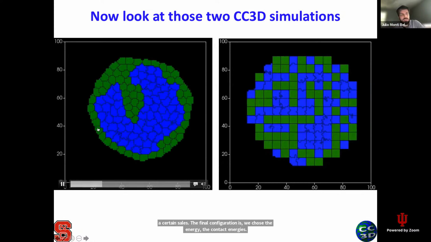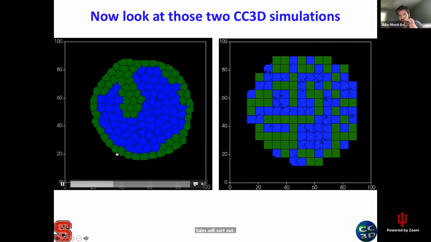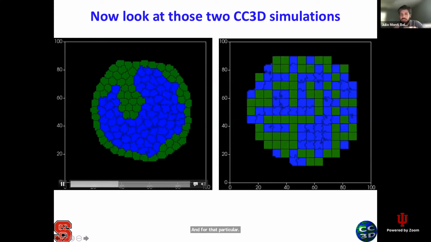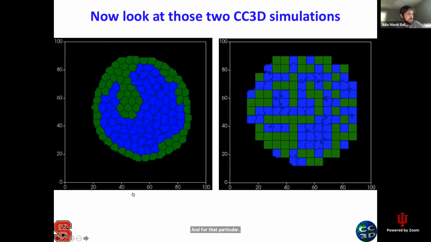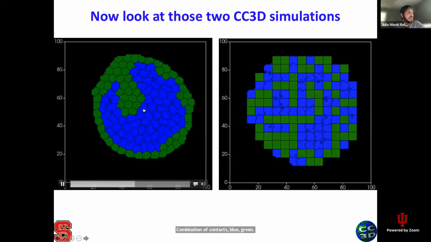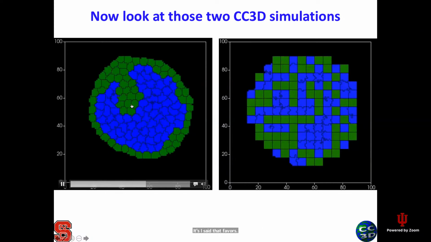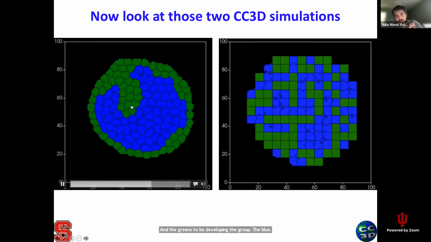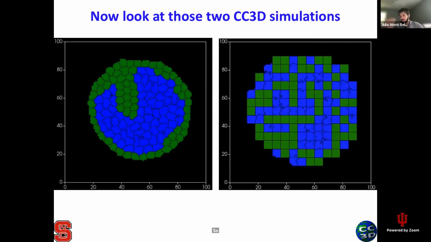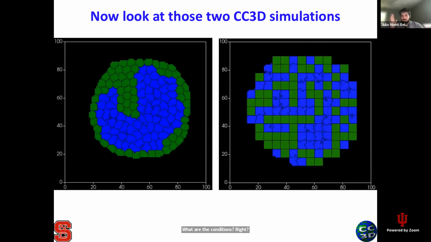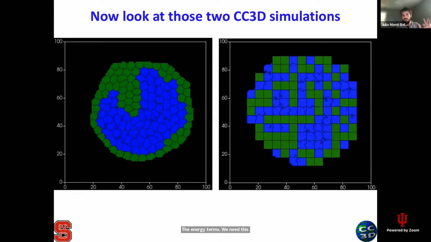For that particular combination of contact energies, blue, green, and blue-green, and both with the medium, it's a set that always favors the blues to be inside and the greens to be enveloping the blue. Okay, so for this particular case, we know what the conditions are, right? And we know that we model the energy terms within these constraints. That's going to be the final shape it will have.